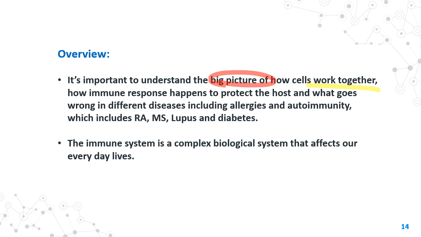Now, those cells of both the innate and adaptive immune system not only have to work together, they also have to be very cautious with their actions, because if they become overactive, they can cause disease. So you have certain diseases that are called autoimmune diseases, like rheumatoid arthritis, multiple sclerosis, lupus, and even diabetes. So diabetes is an autoimmune disease.